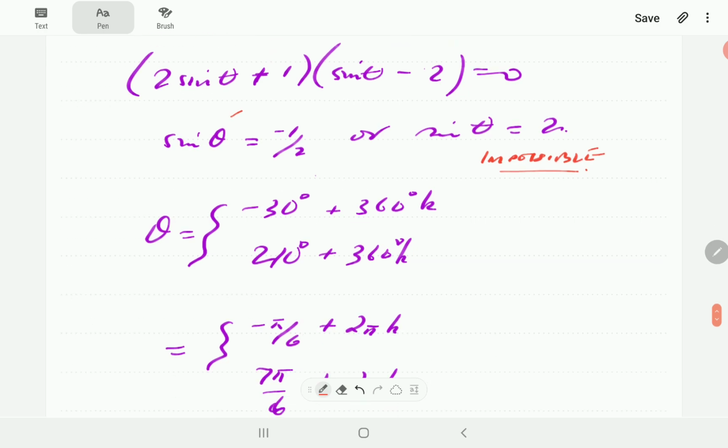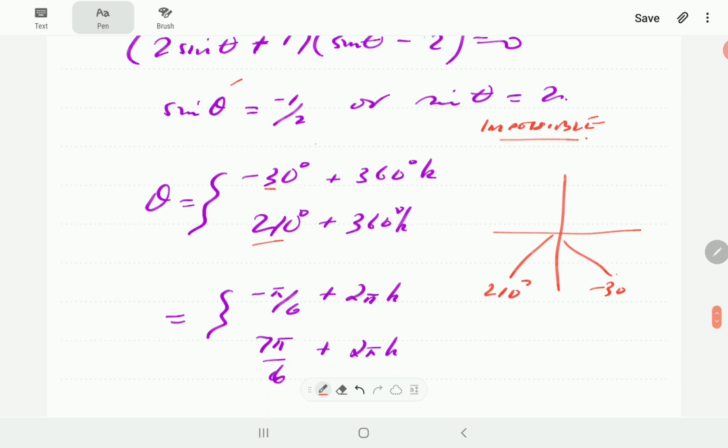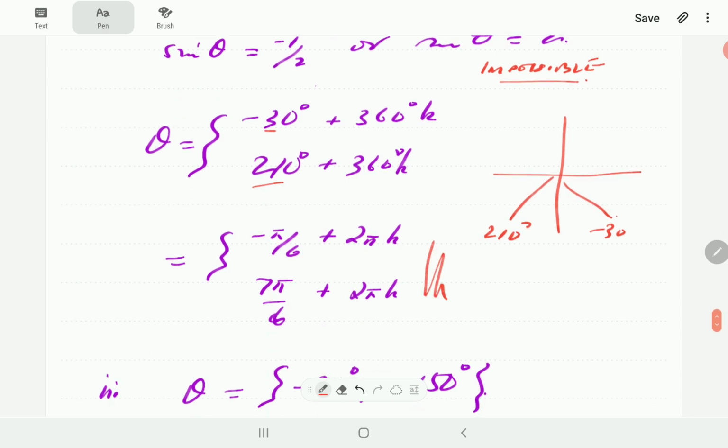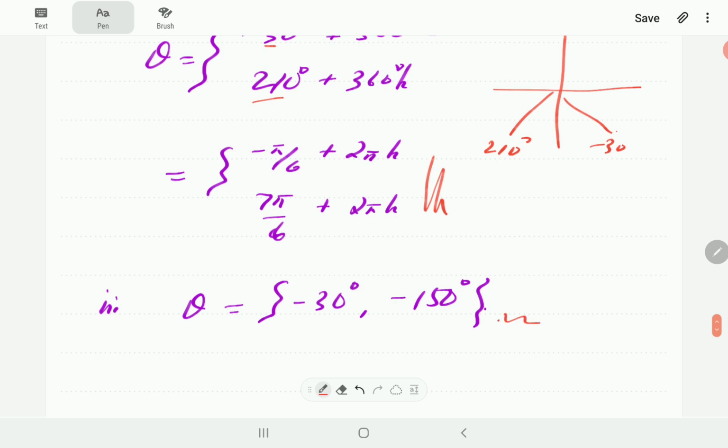Solving the other one gives us negative 30 and 210, because sine is negative in the fourth quadrant and in the third quadrant, and then we write that in radians, and then the particular values will look like that.